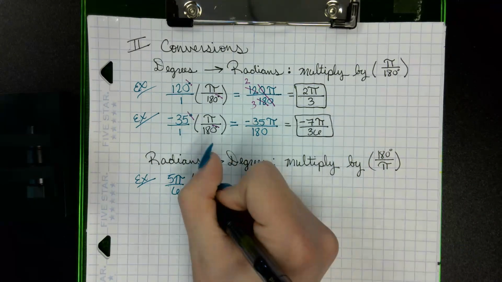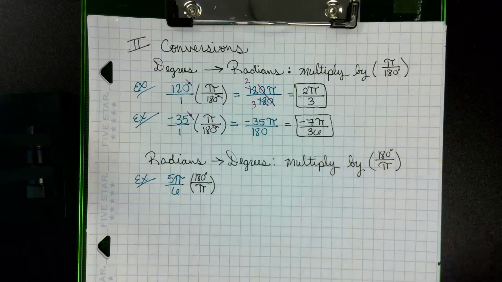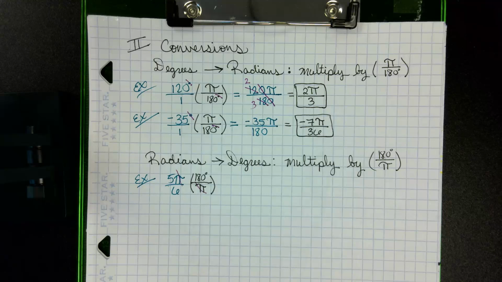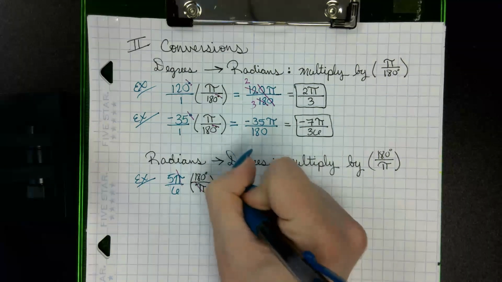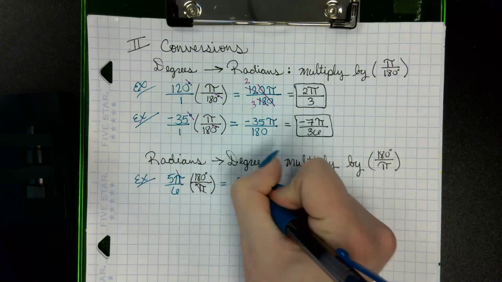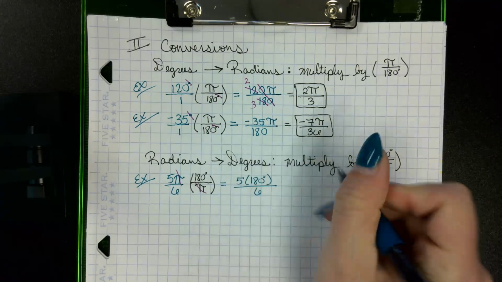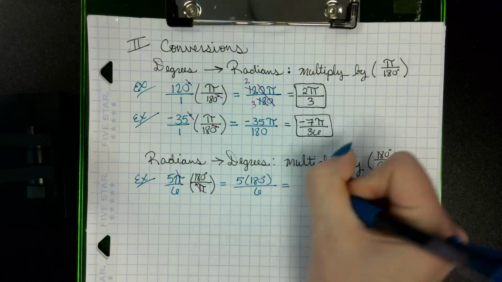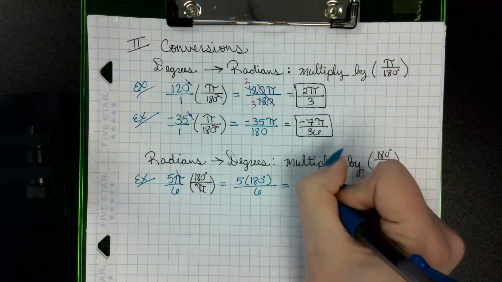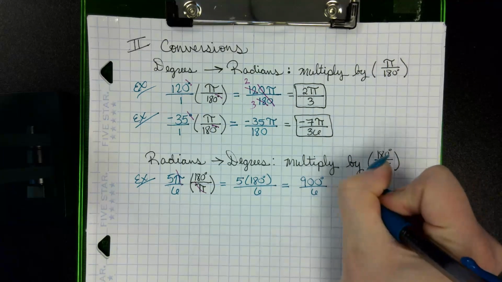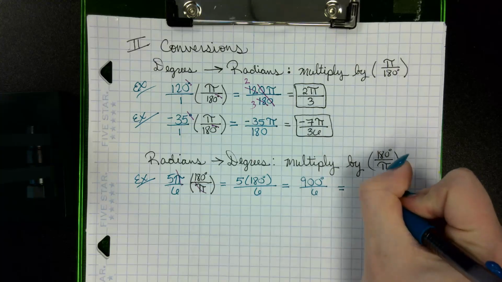And so then I have to put the 180 degrees on the top. So then my pi's cancel. So I have 5 times 180 degrees divided by 6, which is 900 degrees divided by 6, which is 150 degrees.